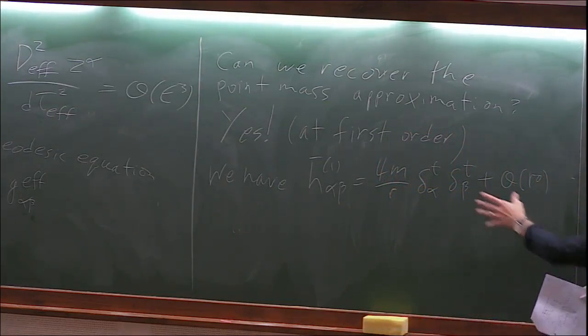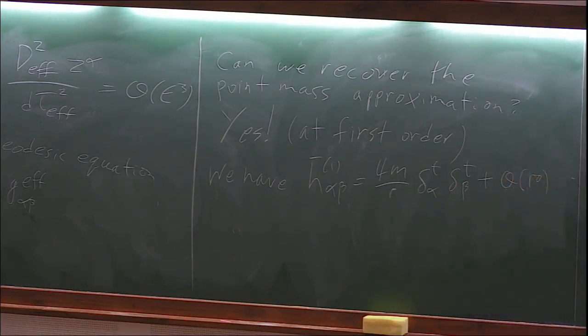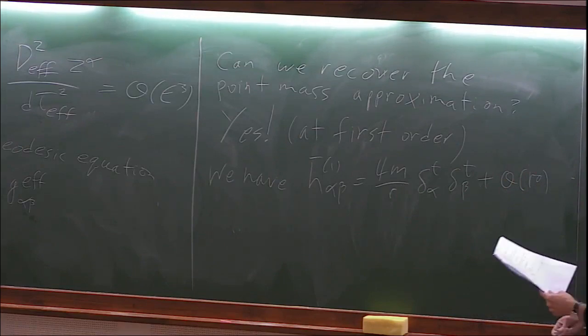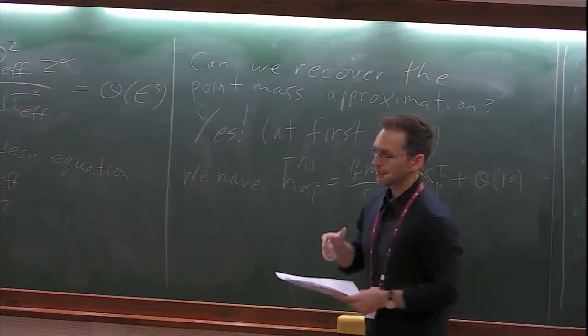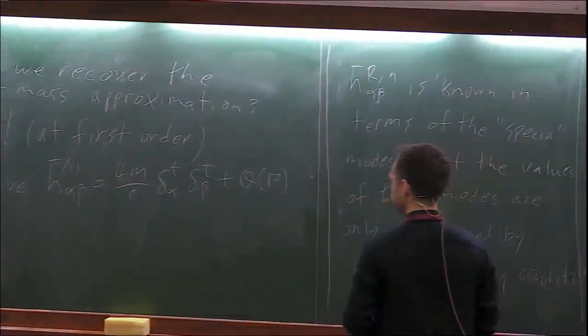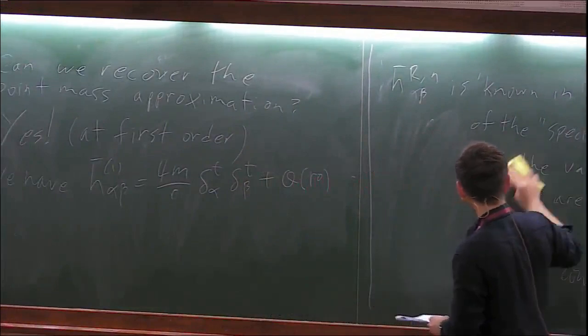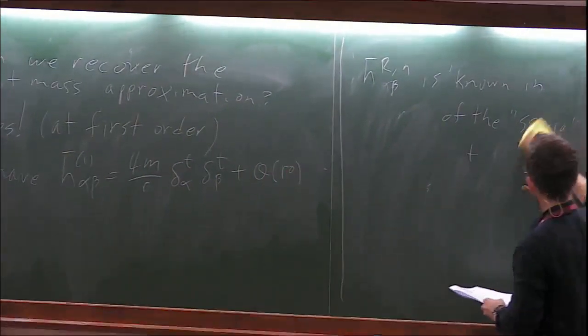So this is actually exact. This is the leading order piece. And we can ignore the corrections for this discussion. Okay, so this was all defined outside of the small object. But now let's just analytically extend it down to r equals 0.